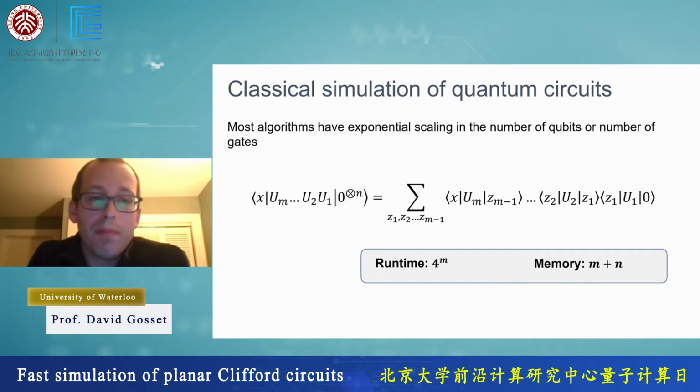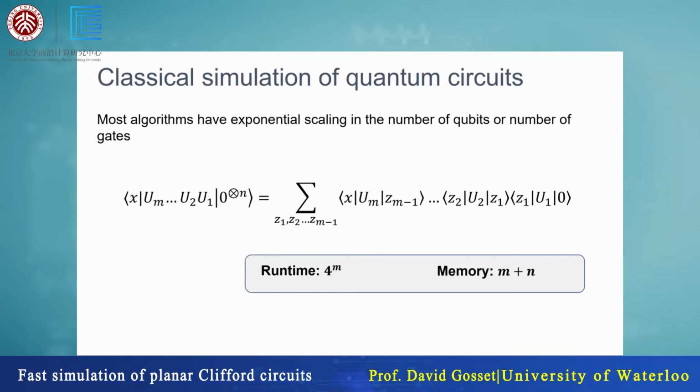So here the memory requirements are only polynomial in the number of qubits and the number of gates, but the runtime is again exponential in the number of gates. And of course, for a reasonable circuit, the number of gates will be greater than or equal to the number of qubits. So both of the algorithms I just described should be viewed as exponential in the number of qubits at least.